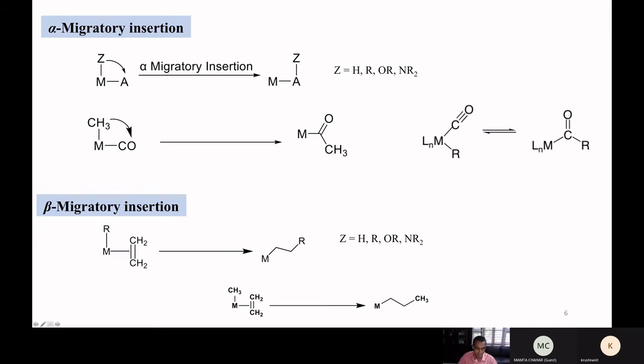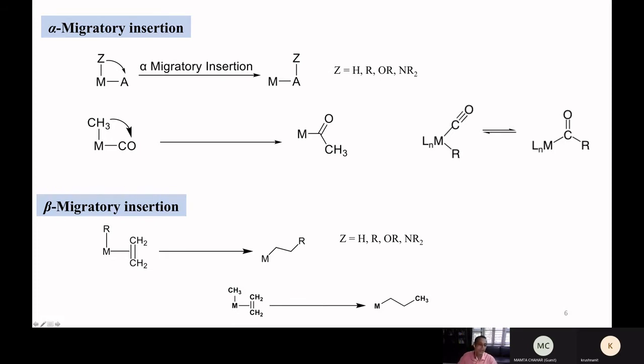As you can see, this transferring group could be hydride, alkyl, alkoxide, amide, or NR2 minus. Many different substituents can transfer. We'll come to industrial application in the next slide.